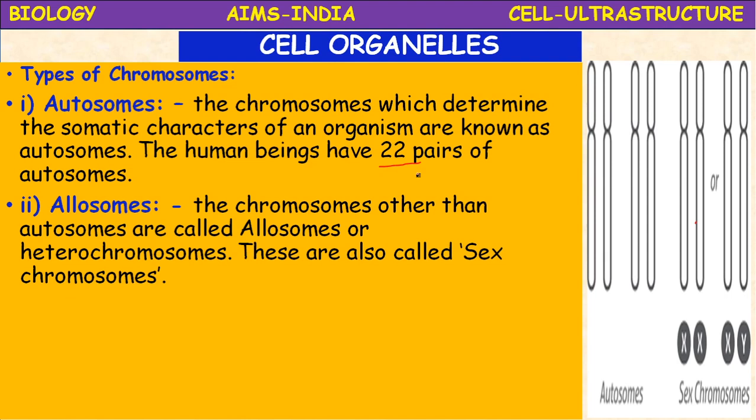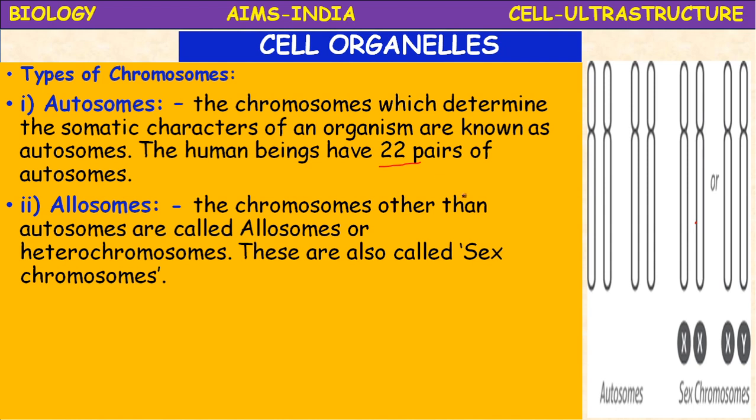Next, allosomes. Allosomes are the chromosomes other than the autosomes, and they are also called heterochromosomes. But autosomes are homochromosomes, meaning the same, all the 22 pairs. Allosomes are heterochromosomes, and these are also called the sex chromosomes.